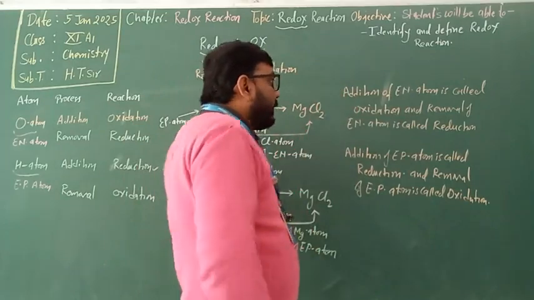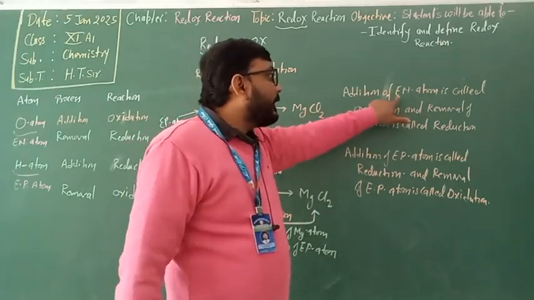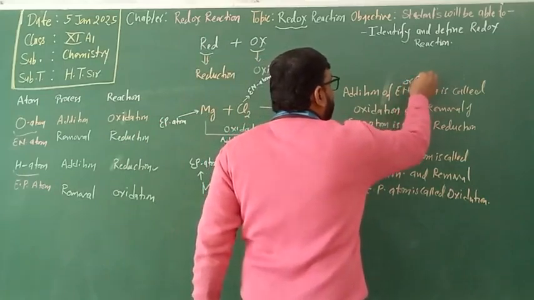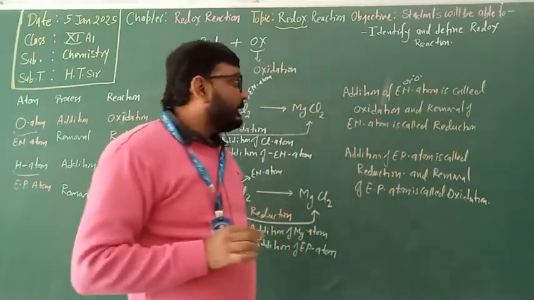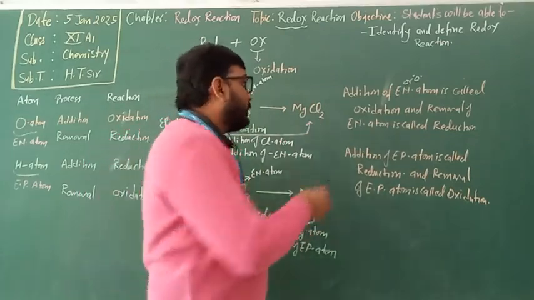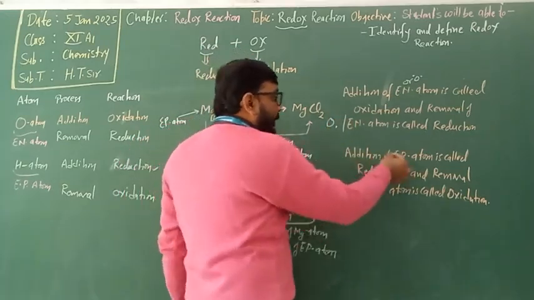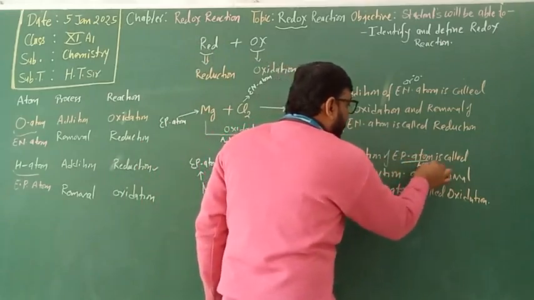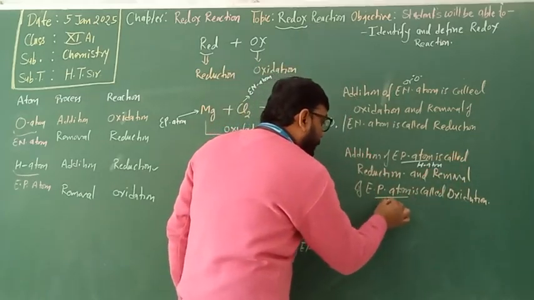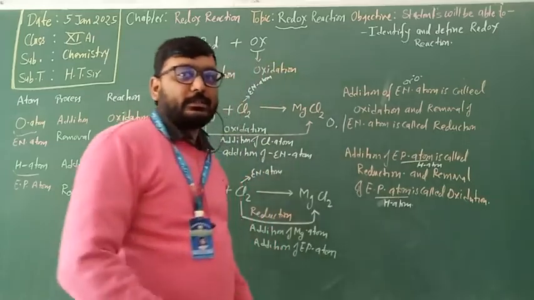Means if we expand this definition, we can say that addition of an electronegative atom, or you can say oxygen, we call oxidation, and the removal of an electronegative atom or oxygen we call reduction. Addition of an electropositive atom or hydrogen atom is called reduction, and the removal of an electropositive atom or hydrogen atom is called oxidation.